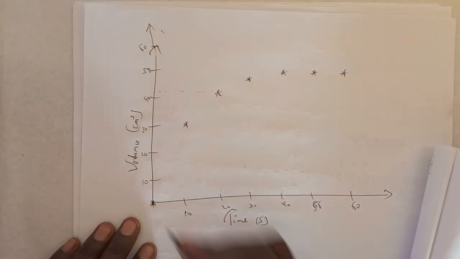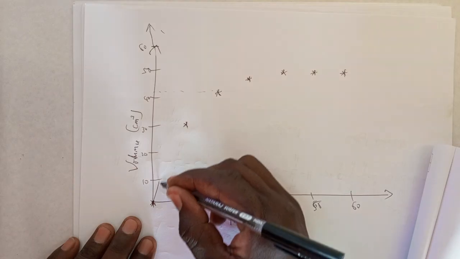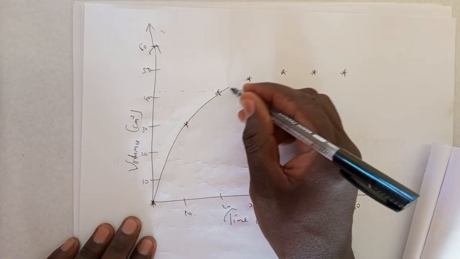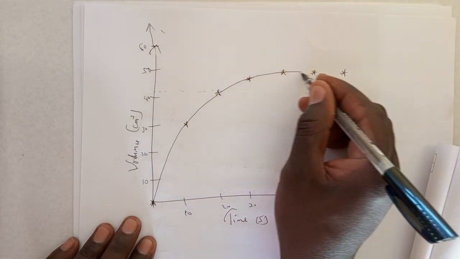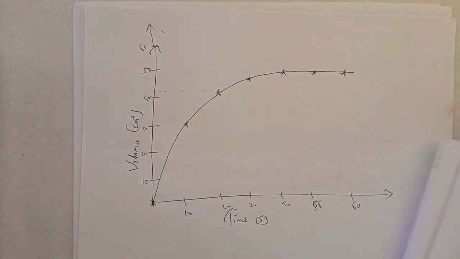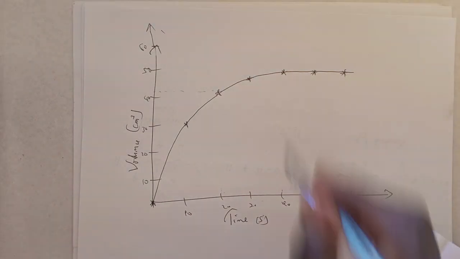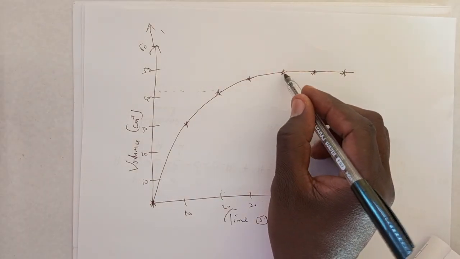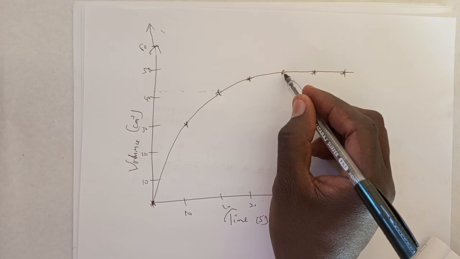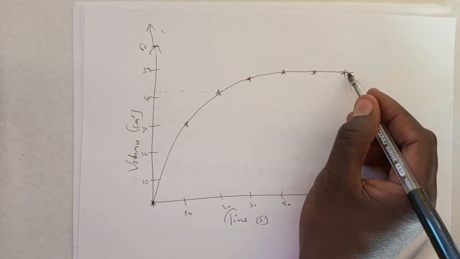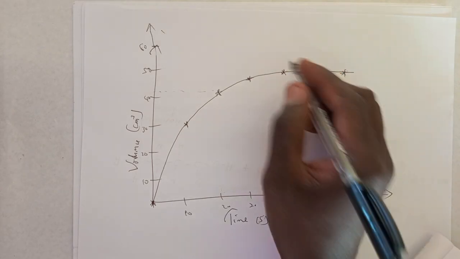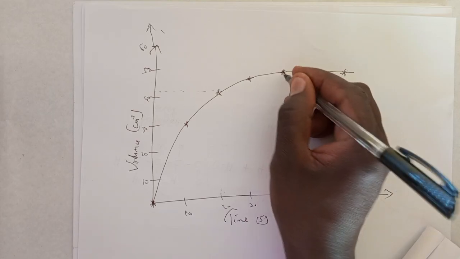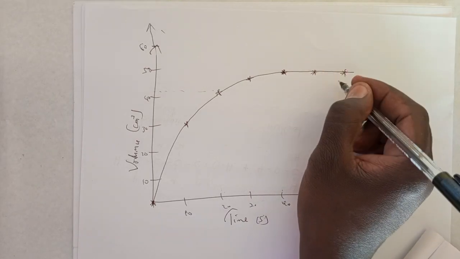If you are asked to sketch this, this is how your graph would come out. At this point where you have a constant flat part of your graph, it means the reaction will have stopped.